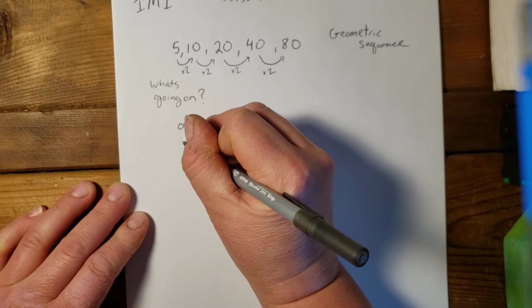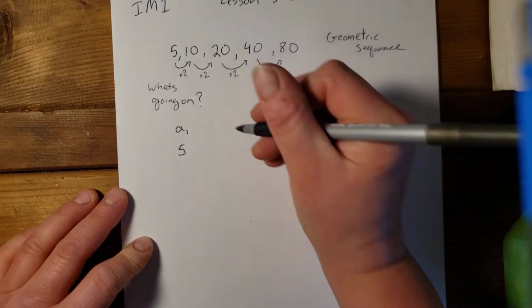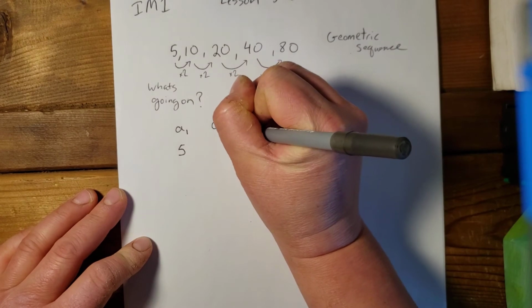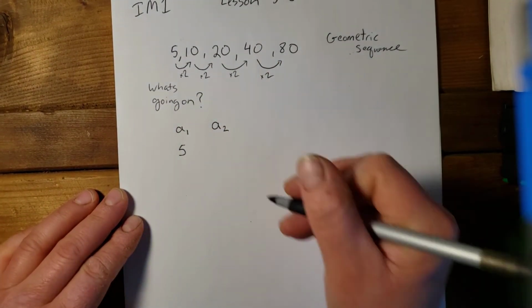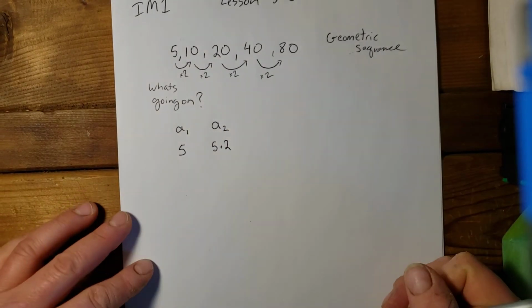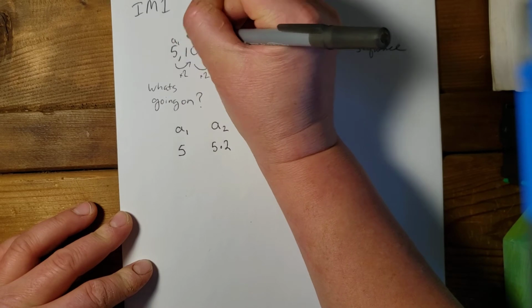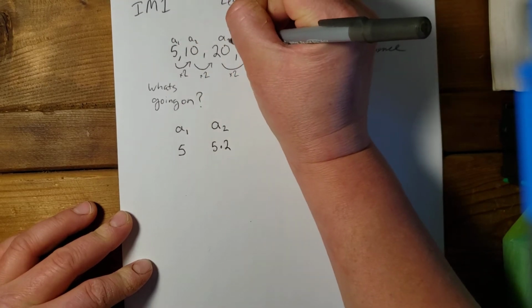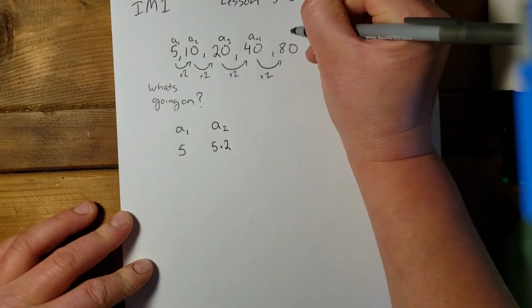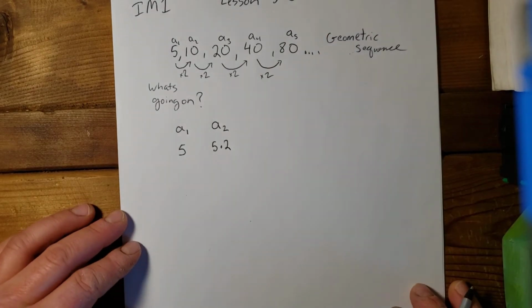The first one in the series is 5, and it's not times anything, right? So then the next number in the series, we'll call it A2. That's 5 times 2. All right, that was this one. In fact, let's just label these as we go. A1, A2, A3, A4, A5, and we can dot it like it was going to keep going on.